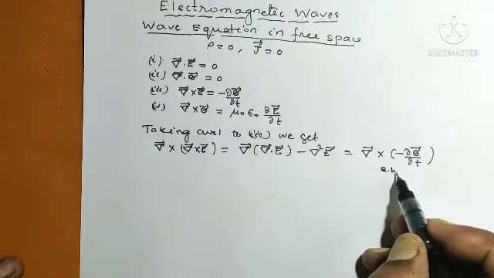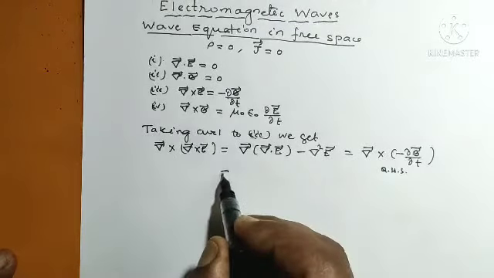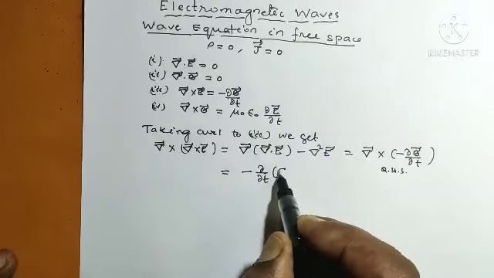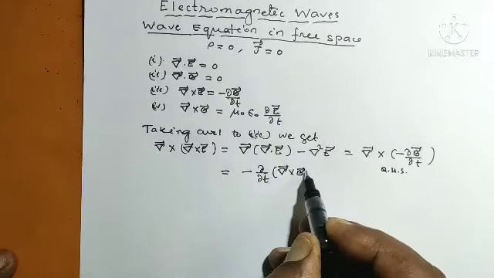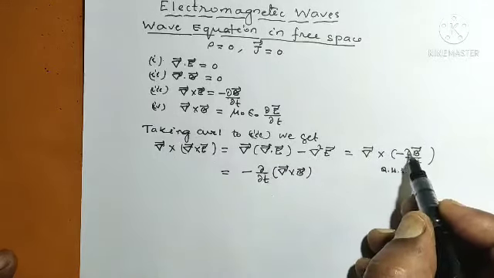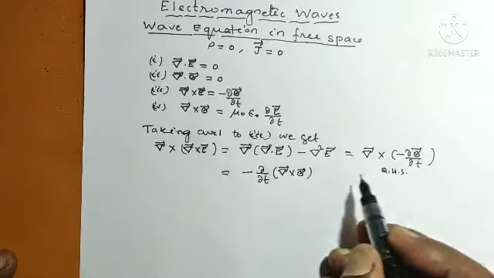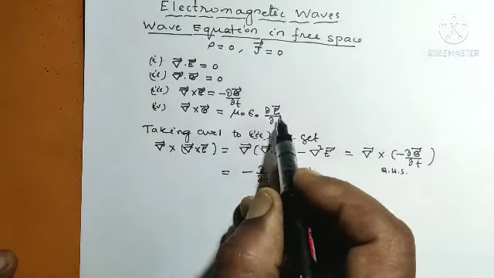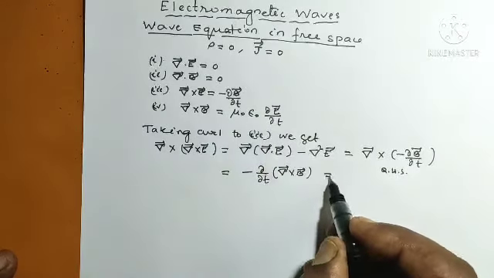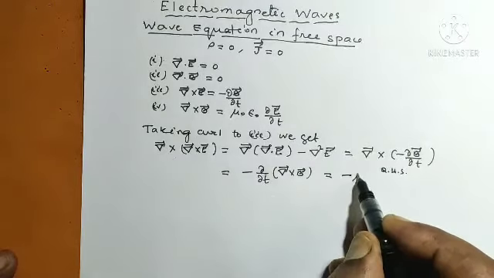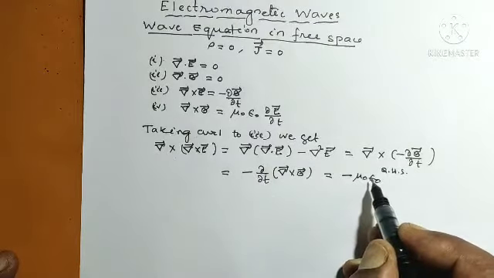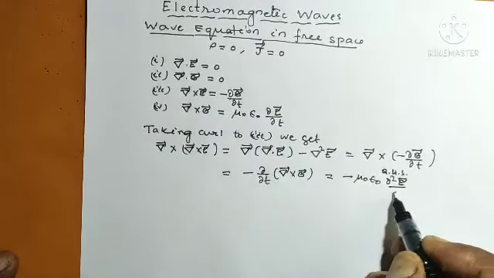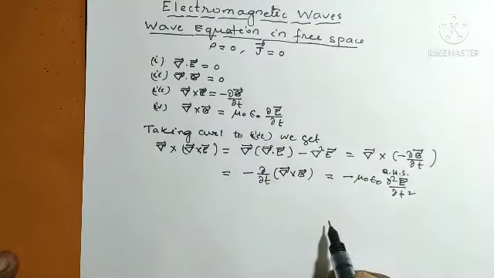Now this is equal to minus del by del t of del cross B, and del cross B is equal to mu 0 epsilon 0 del E by del t. So this is equal to minus mu 0 epsilon 0 del by del t of del E by del t, that is del square E by del t square.